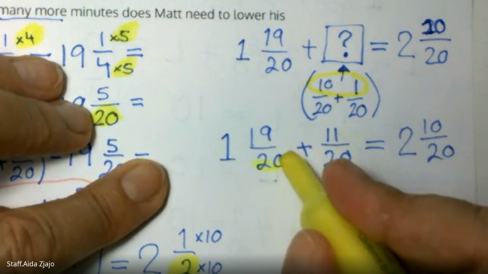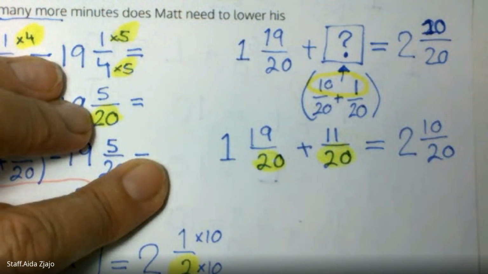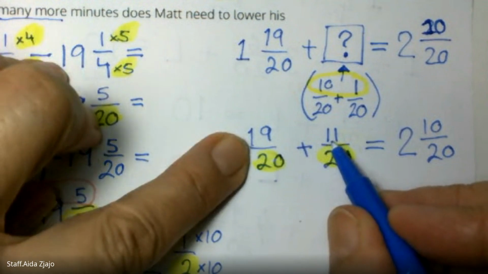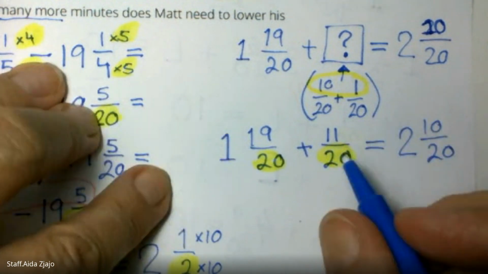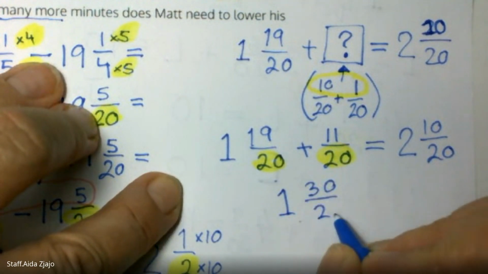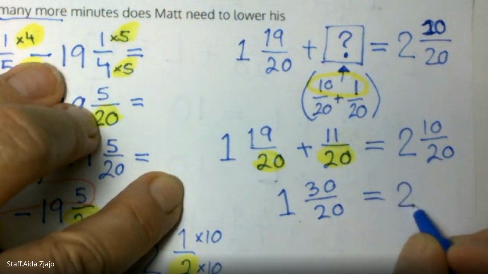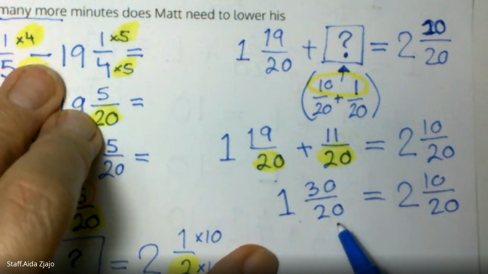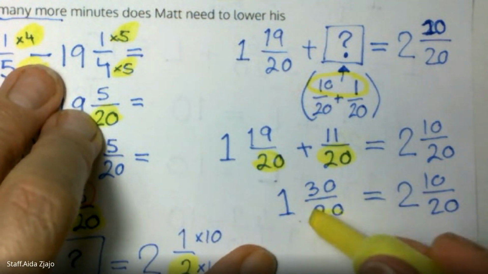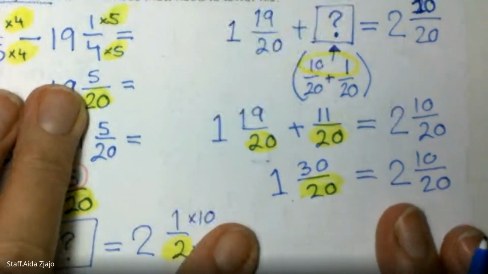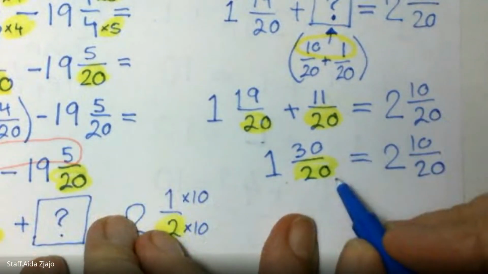The pieces are twentieths. If I have 19 plus 11, that would be 30. So I have 1 whole and 30/20, which must equal 2 and 10/20. In 30/20, I already have 20/20, so that means I have another whole and 10/20 more.